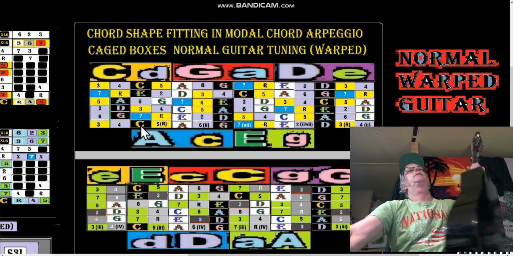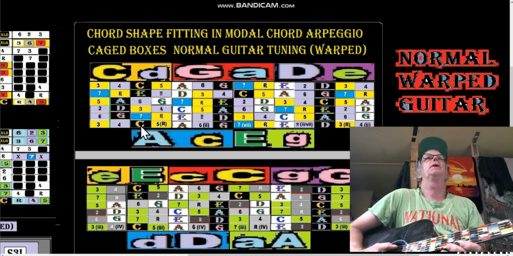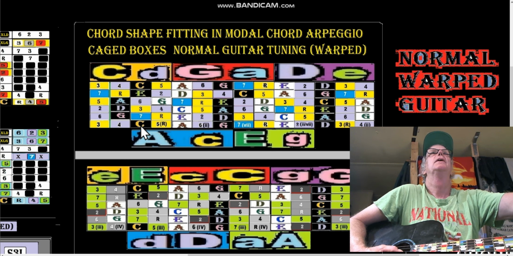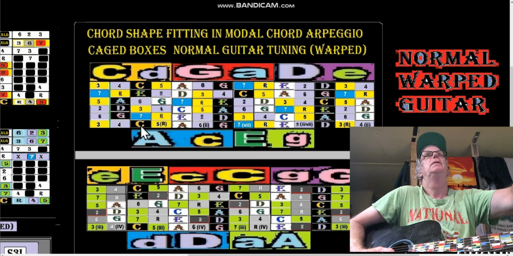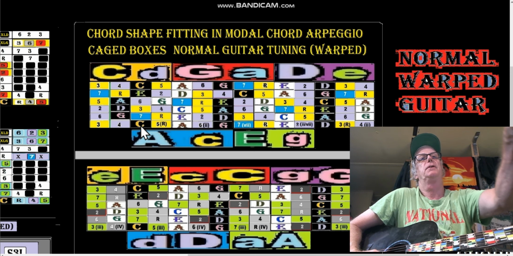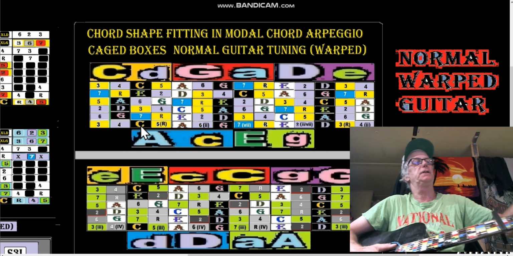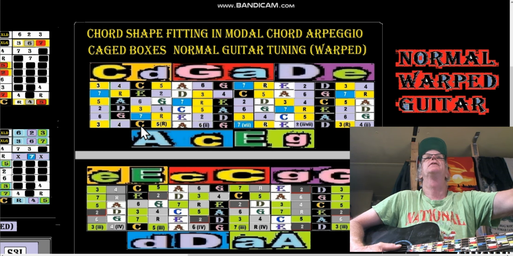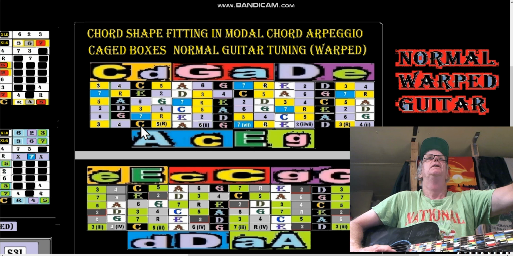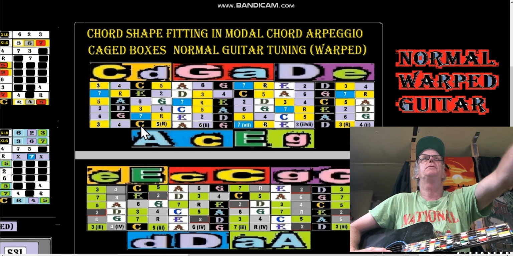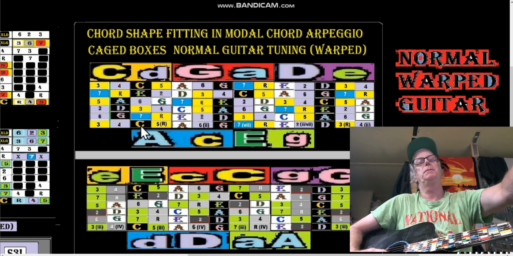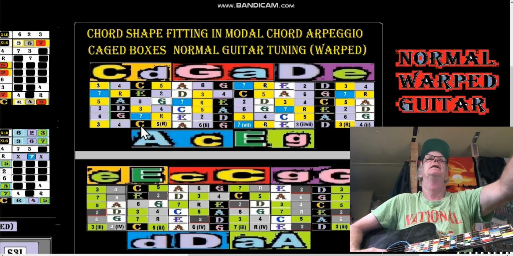So if we've got the capo here, and we go 3, 6, 2, 5, 7, 3, that's in the key of C. So E is the third of C, A is the sixth, the D string becomes the second of C, the G string becomes the 5th of C.